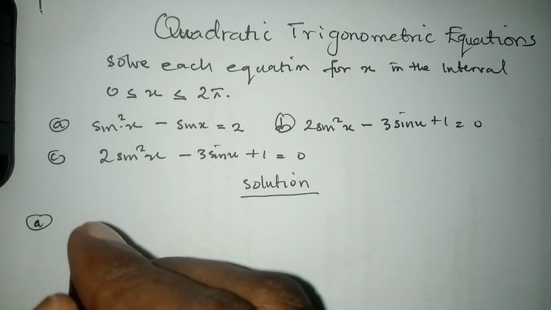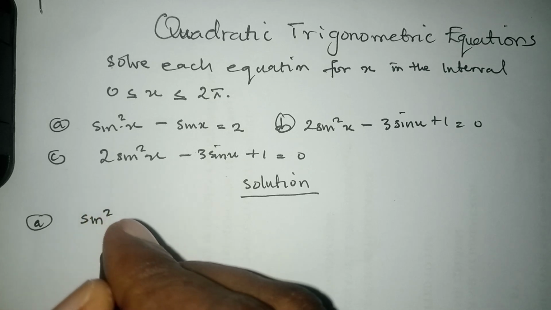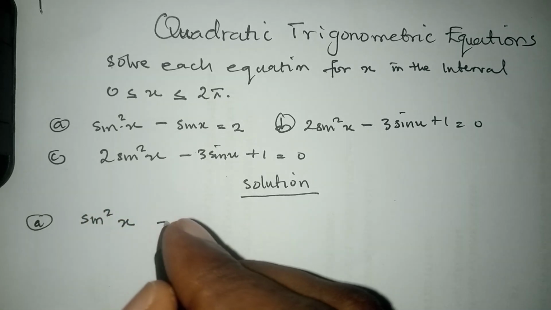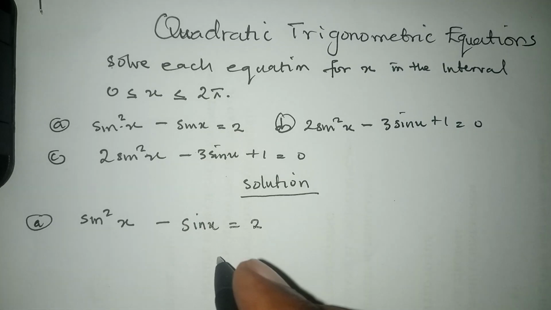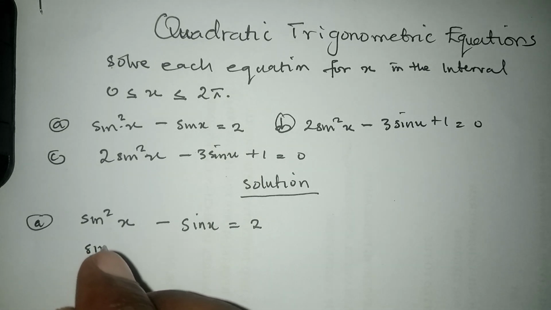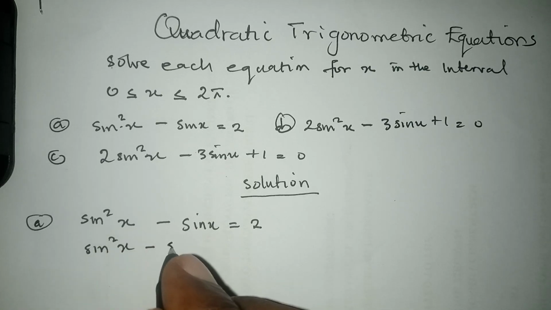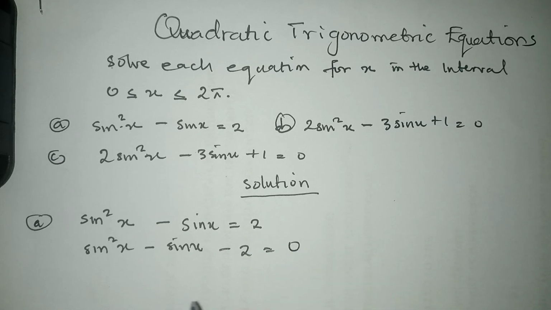Number one: sine square x minus sine x equals 2. We write this equation as sine square x minus sine x minus 2 equals 0.